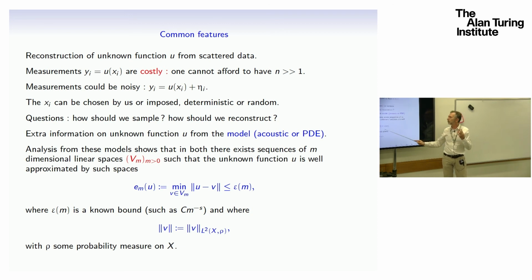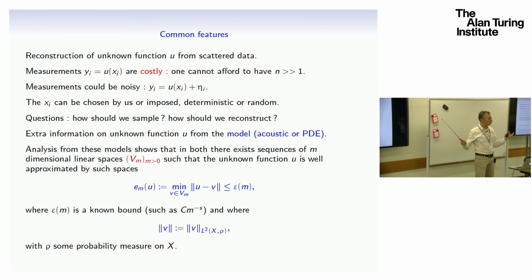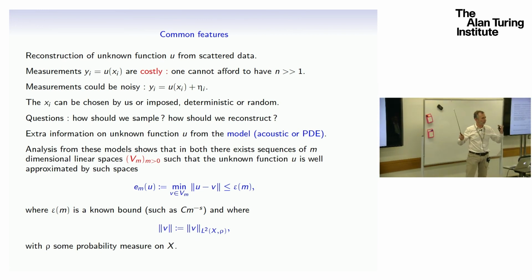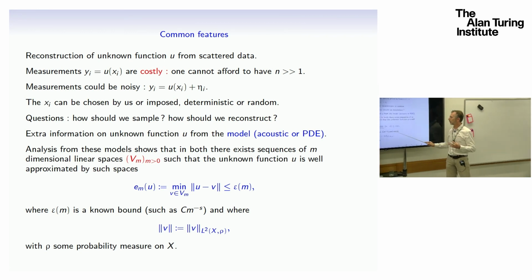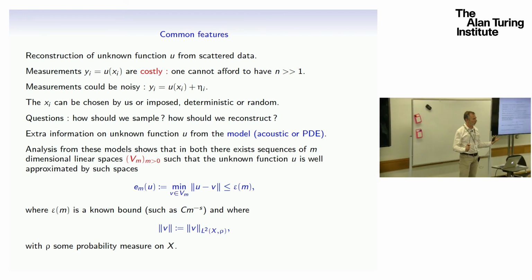So think, typically I'm going to stay quite general, but these spaces, think of them as polynomials, but they could be much more complicated. They could be reduced basis spaces. They could be very ad hoc built spaces. And a priori, this may be unusual. Usually, sometimes people put a prior on the smoothness of functions.